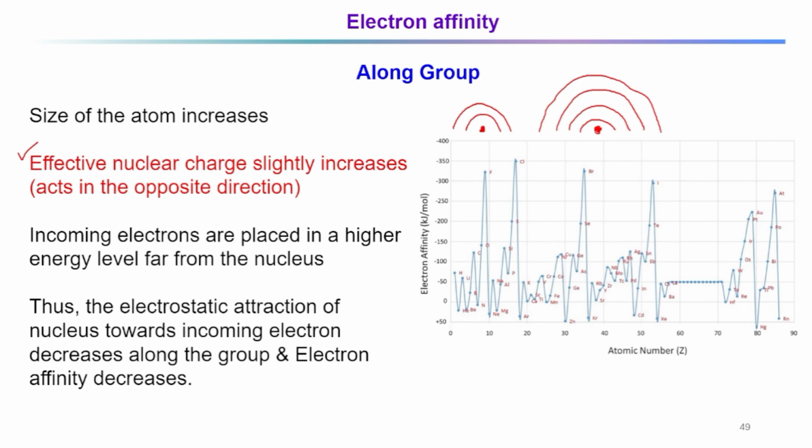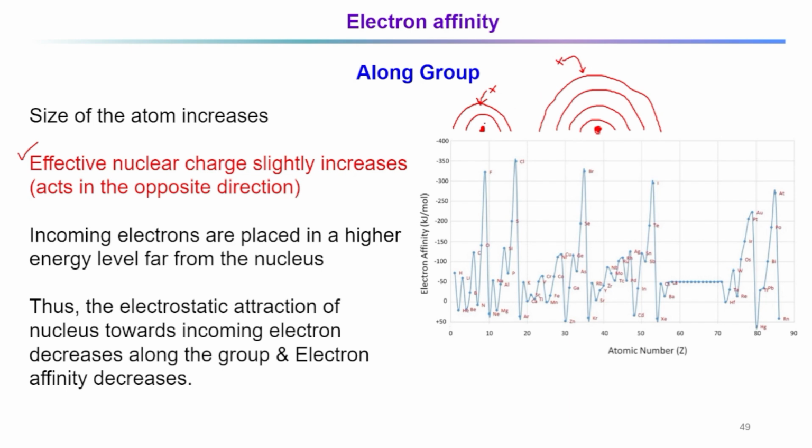try to understand, we have this element which has only two shells, and as we go along the group we have the next atom which has three shells, the next atom which has four shells. When we place an external electron here, we are placing it in the second shell. But in the other case, when we place an additional electron, we are placing it in the fourth shell.